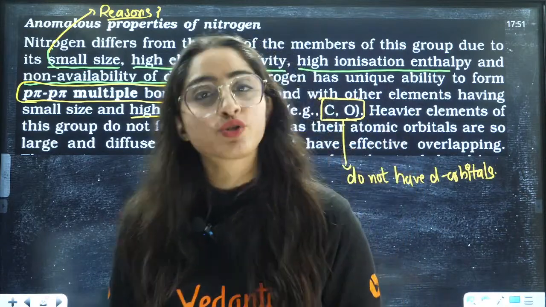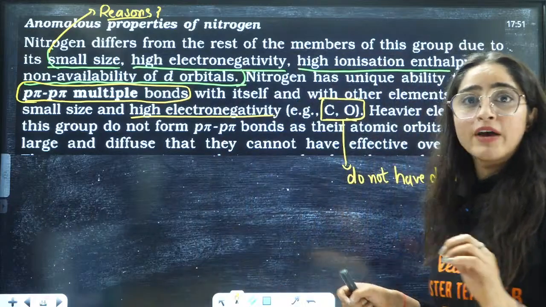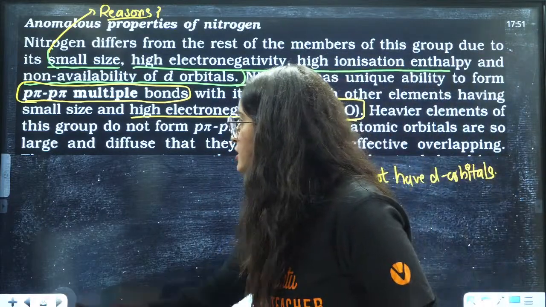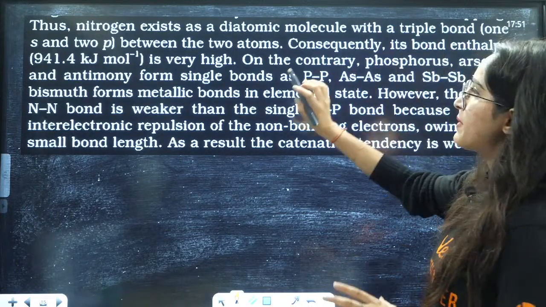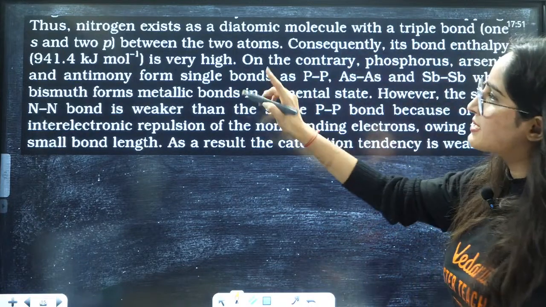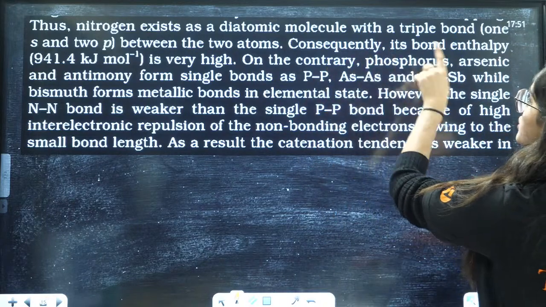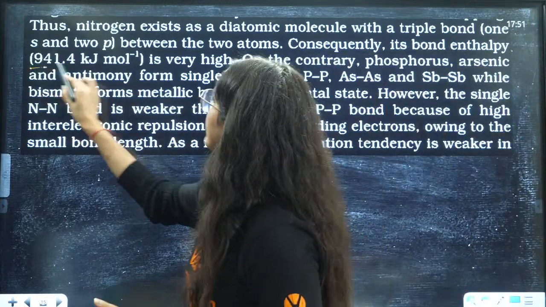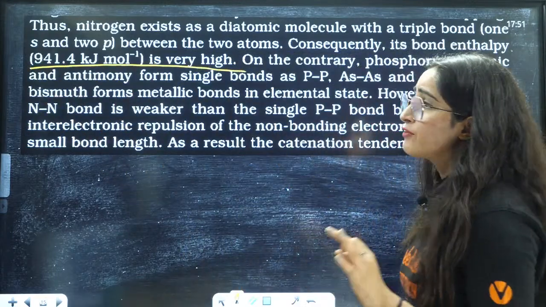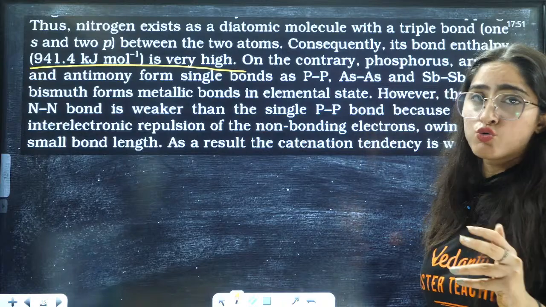Sideways overlapping in a large shell will be very difficult, right? Thus nitrogen exists as a diatomic molecule with triple bond, where one sigma and two pi bonds are between two atoms. Consequently, its bond enthalpy is very high, that is 941.4 kilojoule per mole.